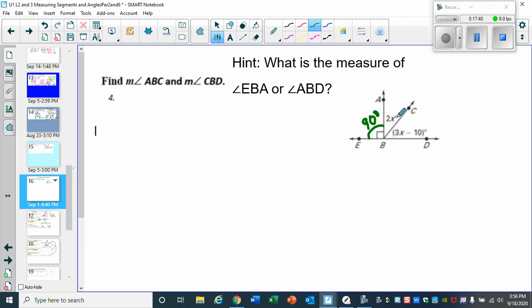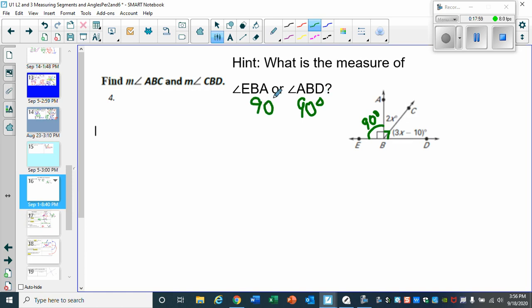Now, since EBA is 90, then you could say ABD is also 90. So there's your hint. Those are 90, 90.